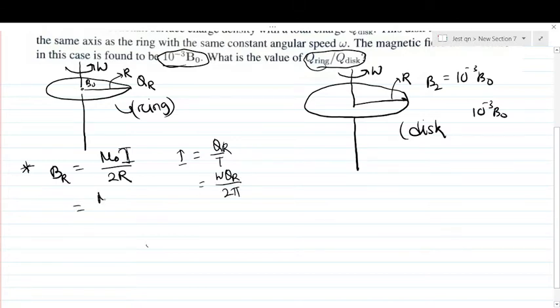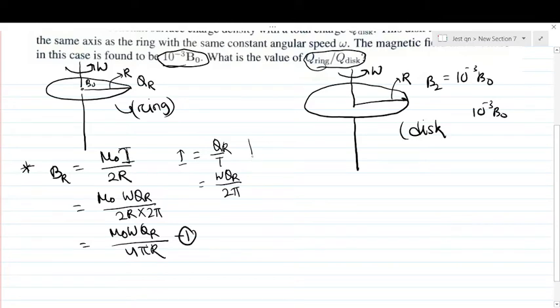So here the field is mu naught I divided by 2r, which gives mu naught omega Q ring divided by 4 pi r. This is equation 1. Here we get the magnetic field of the ring in terms of Q ring.